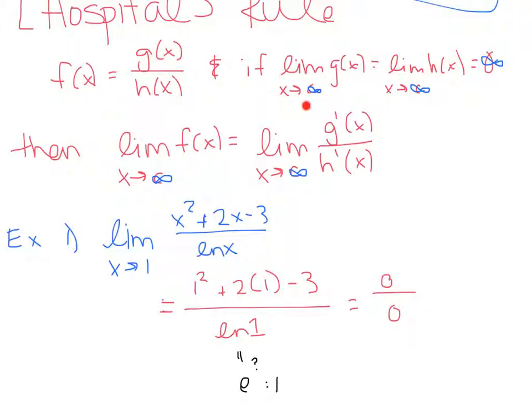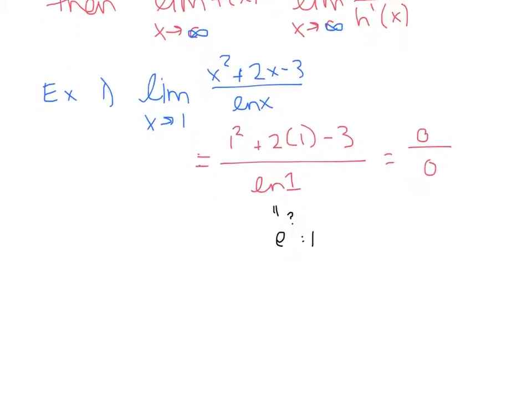And if the limit as x approaches some constant, so in this case x is approaching 1, of your numerator, your g of x function, is 0, and that limit as x approaches the same constant of your denominator is also 0, then the limit of their derivatives exists, okay? Or you can take the derivative of the numerator and denominator to determine your original limit, okay? So let's do that now.